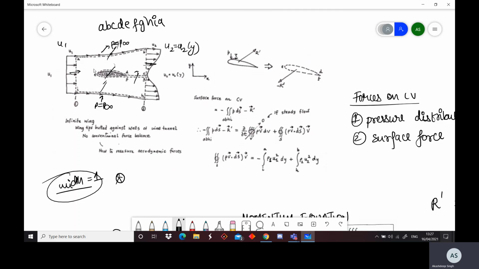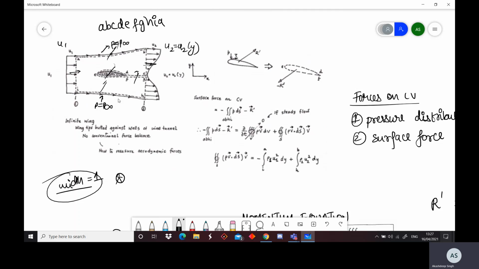The airfoil is subjected to a uniform velocity u1, which is a constant, in the x direction. However, after the air goes through the airfoil, it doesn't remain constant anymore. It becomes a function of y: U2 is equal to U2 of y. This happens because of the wake produced behind the airfoil, so we have a y-varying velocity.